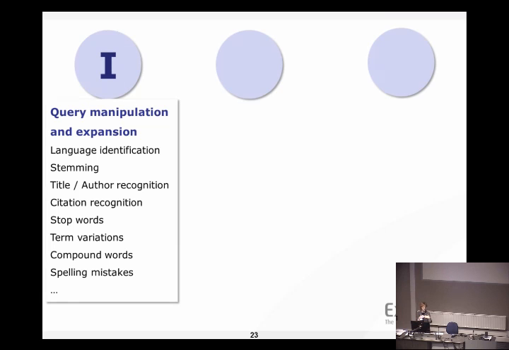We don't want to combine them. We look at if it's a citation, so what's the format of the citation. We take out stop words, or we know that these are stop words. We look at variation of terms, compound words, such as roadmap, so we need to know sometimes they're together, sometimes they're separate. We correct some spelling mistakes, as I'll show you later.